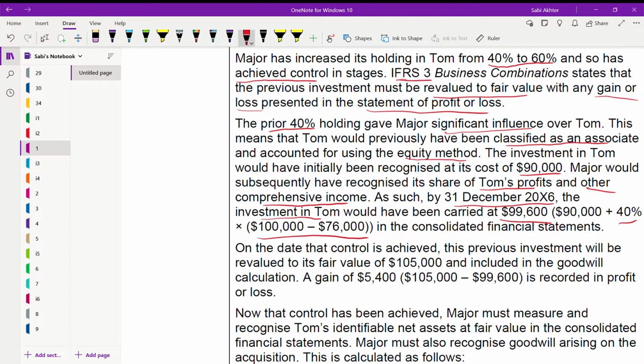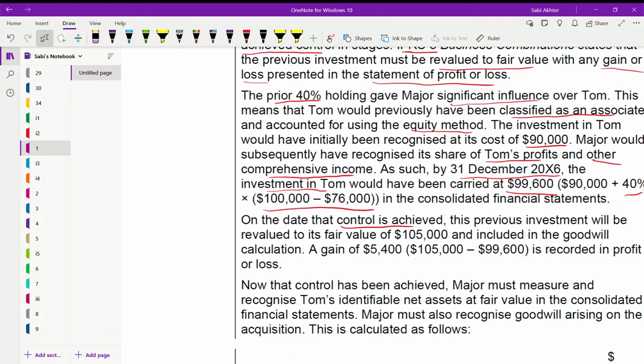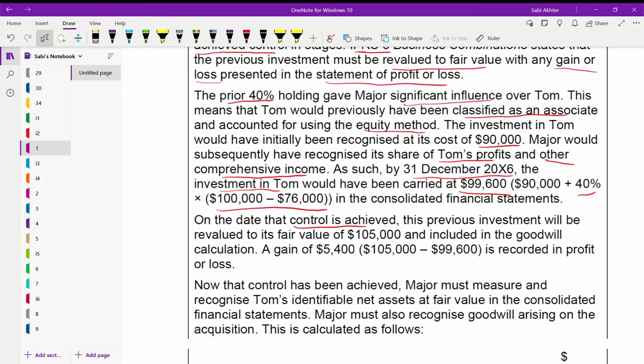Now when the control is achieved, and write your answers in different paragraphs, when control is not achieved versus when the control is achieved, the previous investment will be revalued to 105,000. And remember this will be included in the goodwill calculation because now you have to calculate goodwill. Now you became a subsidiary when you purchased that additional shares.